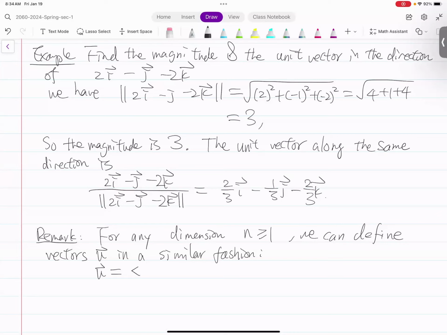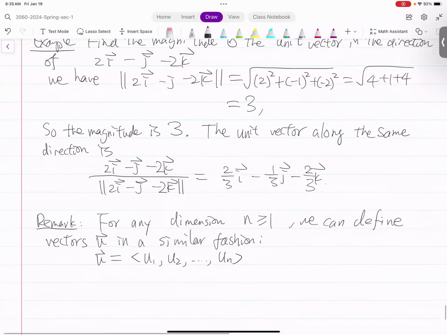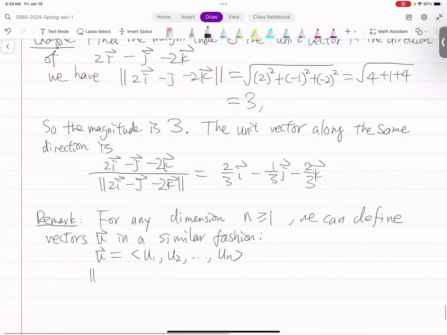Of course, we write it in angle brackets so that we know it's a vector. So it's u1, u2, all the way up to un. You just list all the components, right? And the magnitude follows exactly the Pythagorean theorem. In n-dimensional space, the n axes are always perpendicular to each other, so the Pythagorean theorem still holds.